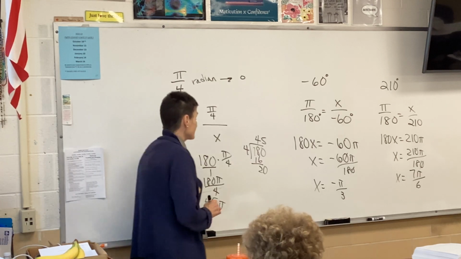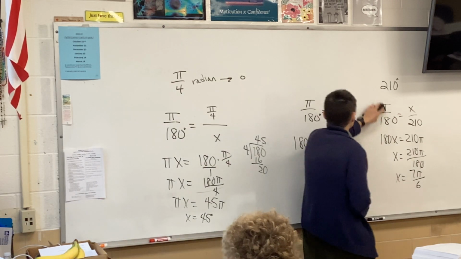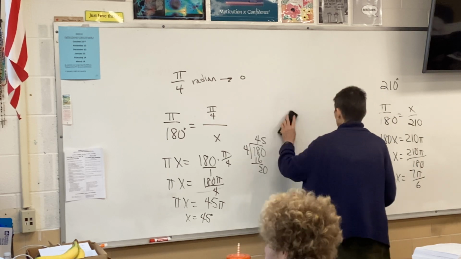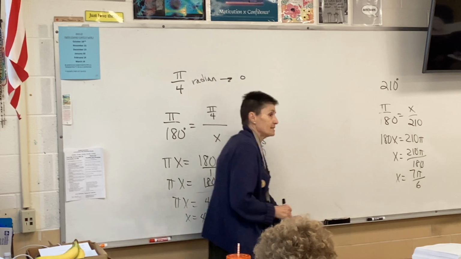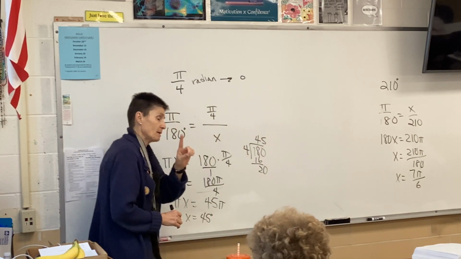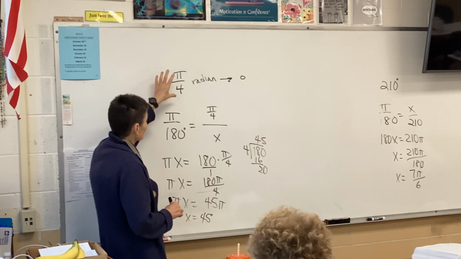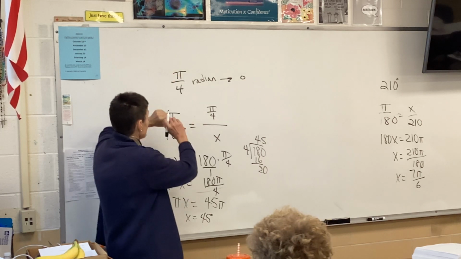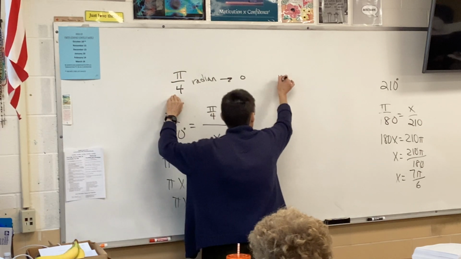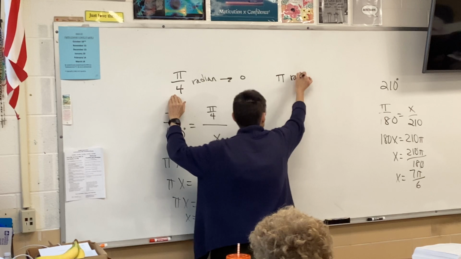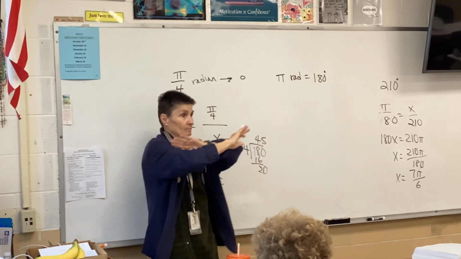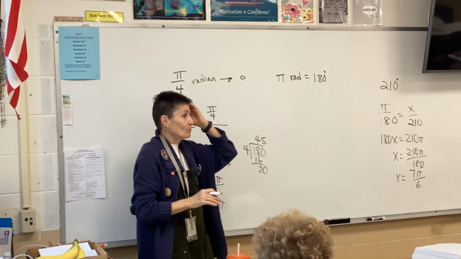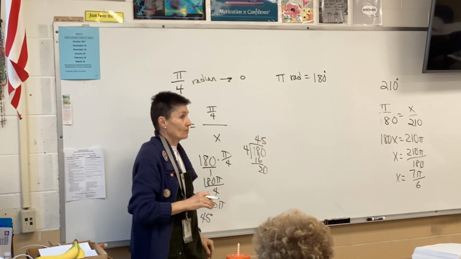Now kids, I know first day back, all these ugly numbers, pies, everything else. This is easy stuff. I want you to think about this for a second. In the very beginning, one of the first things I told you was that pi radians is 180 degrees, right? That is fact forever. Every problem you ever do, pi radians is 180 degrees.